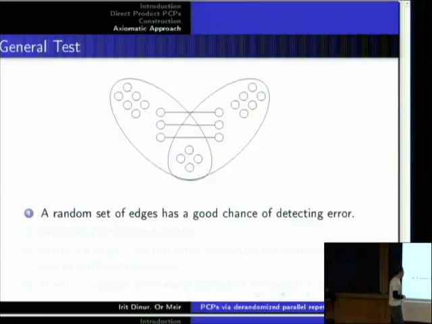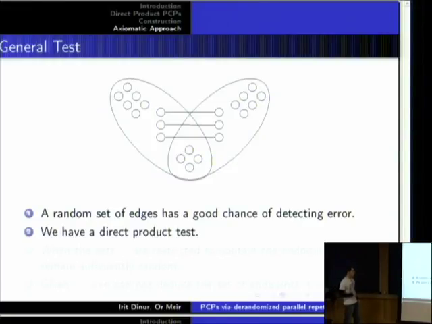First, we need a random set of edges drawn from the distribution to have a good chance of detecting error, in other words, a random set of edges will sample well the set of all edges. This is clearly a necessary requirement, because if it doesn't hold, even sequential repetition using those sets of edges won't work.